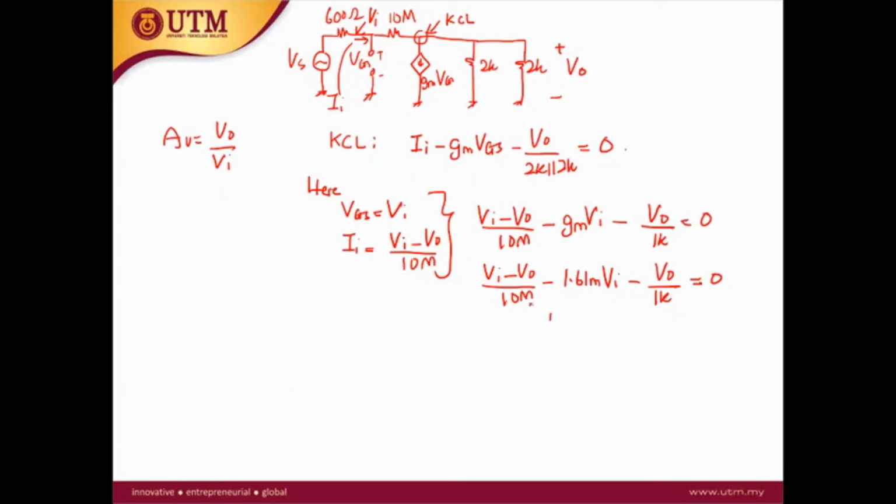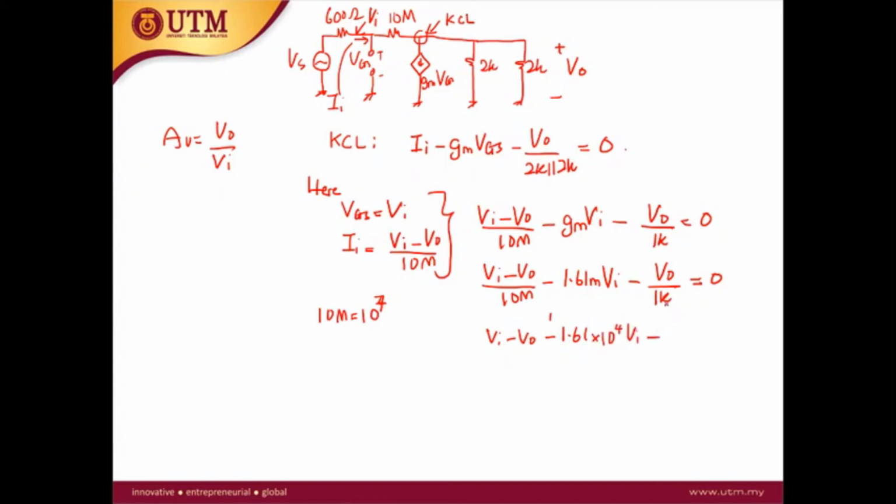Okay, so 10 mega is equal to 10 power of 7. So we need to multiply all of this by 10 power of 7. So you get here VI minus V out minus 1.61. So milli is 10 power of minus 3, so times 10 power of 7 is 10 power of 4.